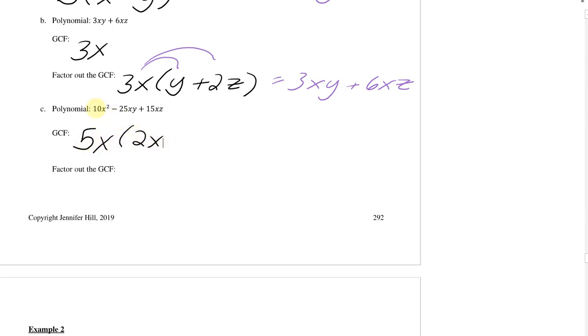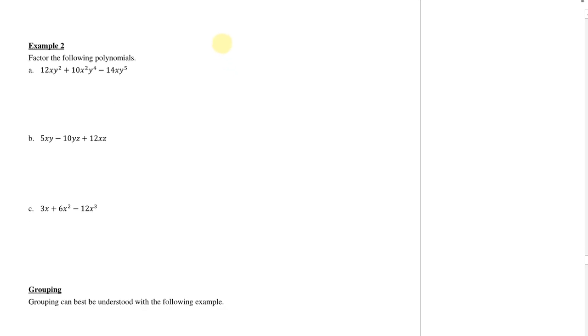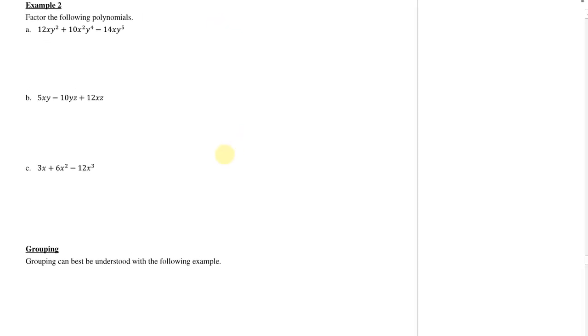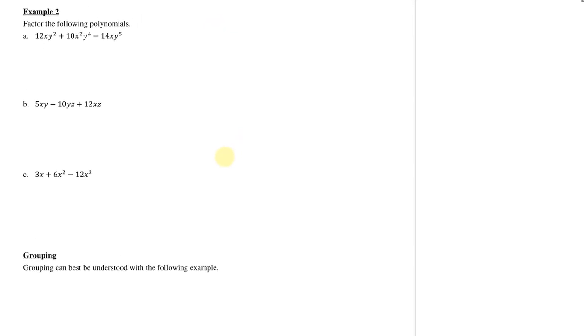So if I divide 5x out of this, it will just leave me with 2x. Then this will be minus 5y plus 3z. Oops, I accidentally wrote both the GCF and the factorization up here, but that's okay. Please forgive me.